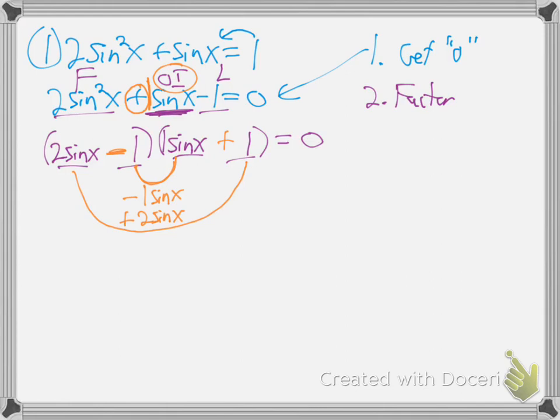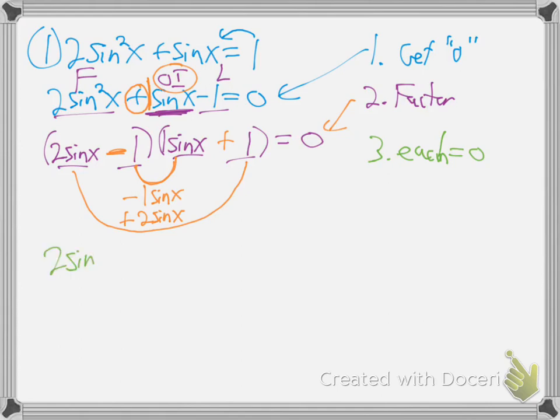Okay, that's step 2, factor. And now, on to step 3 we go. What is step 3? Yeah, they each get their own 0, because if 2 things times to be 0, either one could be 0 to make them times and be 0, huh?